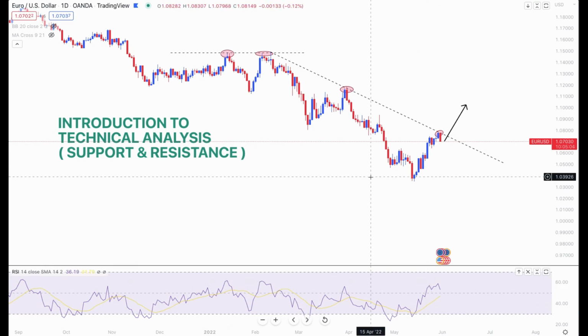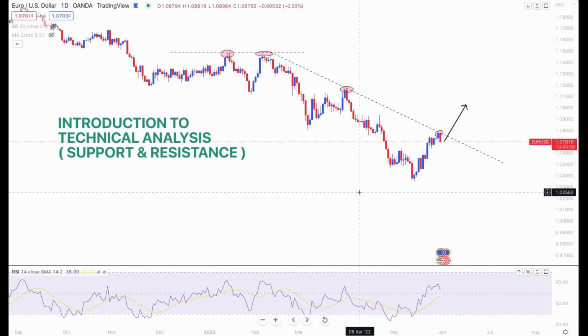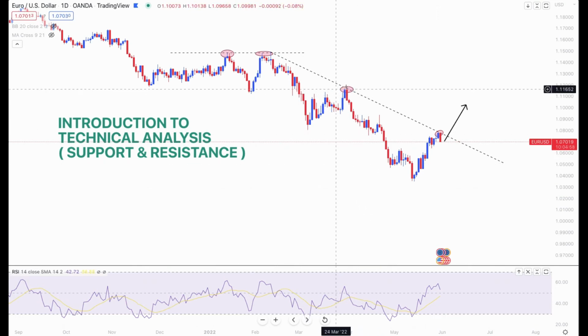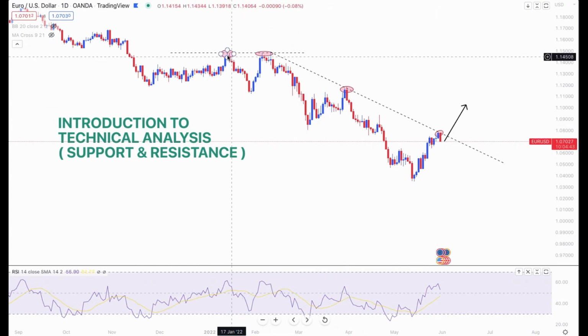Now, traders can use this information with support and resistance. For example, we could say that when price is at a resistance level on the chart and at the same time is around the 50 level on the RSI, it could be a time to sell. And that would be our entry. And we could look back and see, this may have worked before.